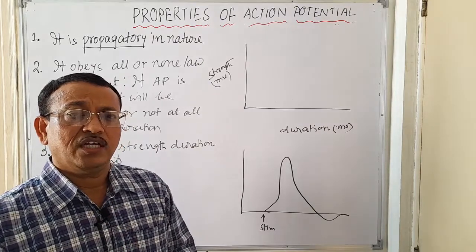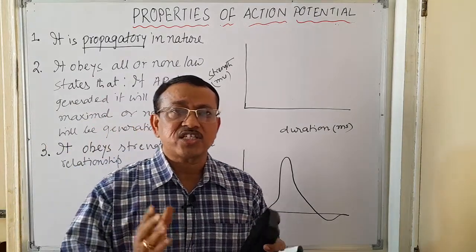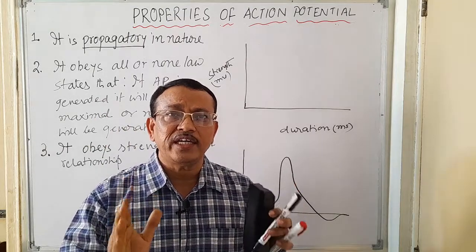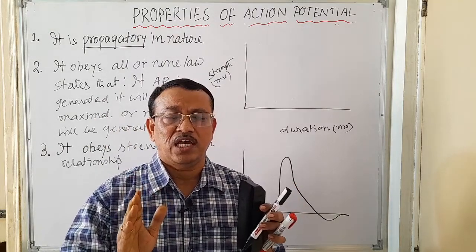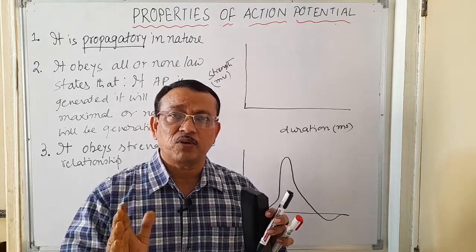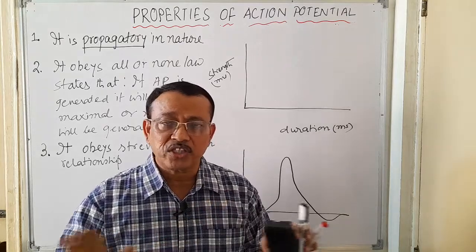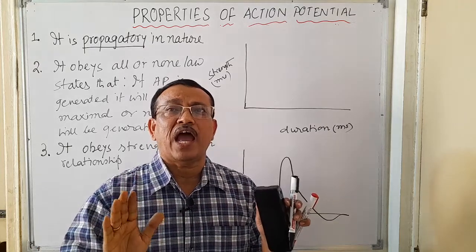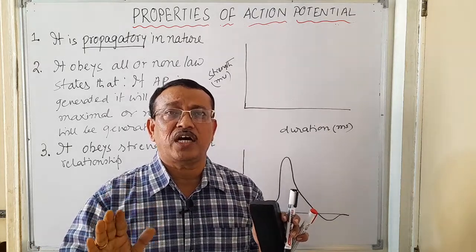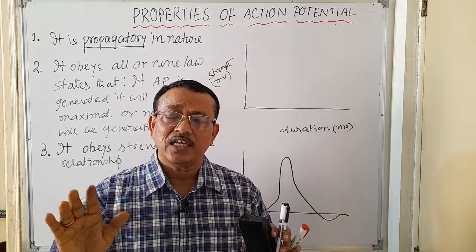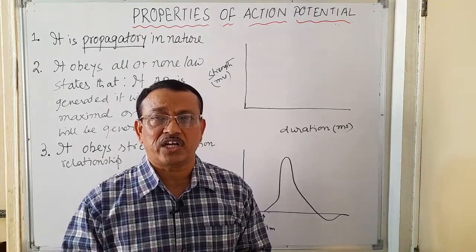As I told, the generation of the action potential is dependent on the intensity of the stimulus. If the intensity of the stimulus is low, that is sub-threshold, action potential will not be generated. And if the intensity of the stimulus is at the threshold level, then only action potential will be generated.